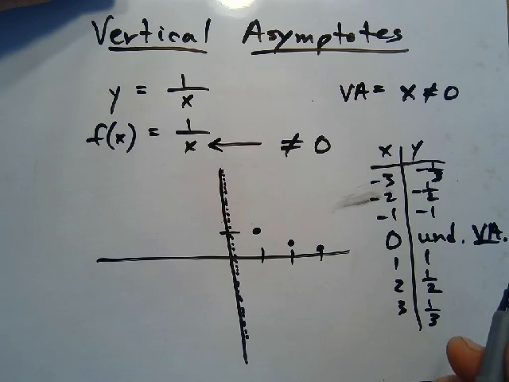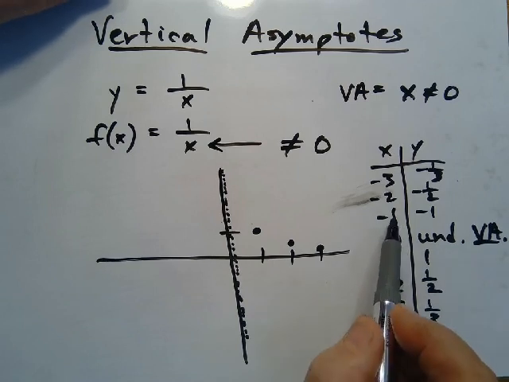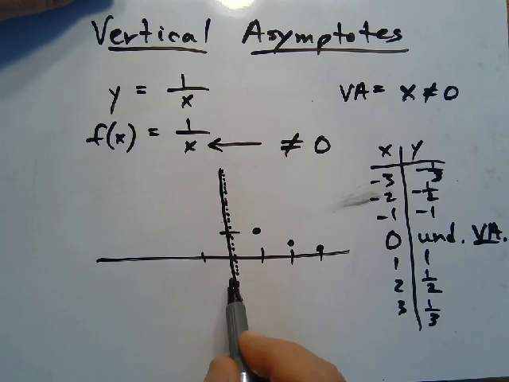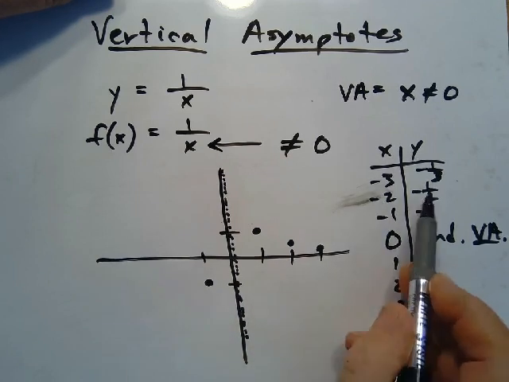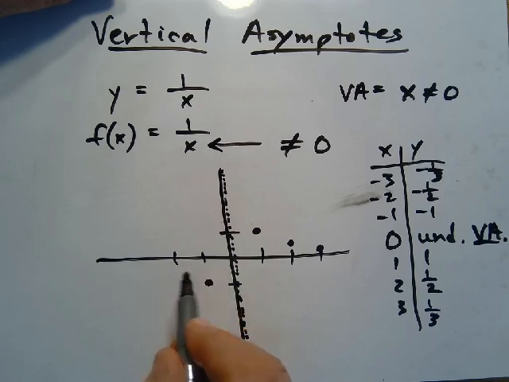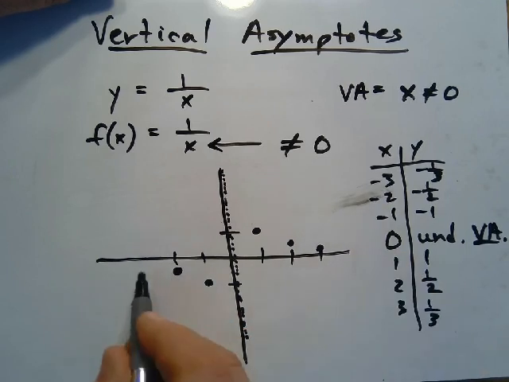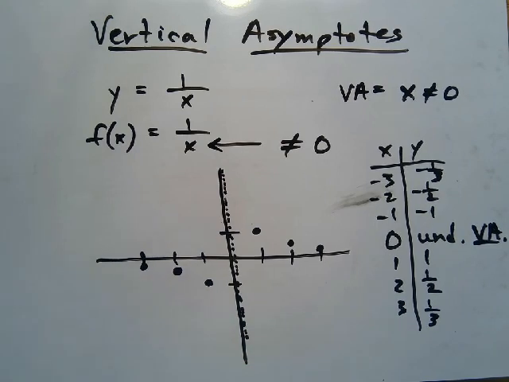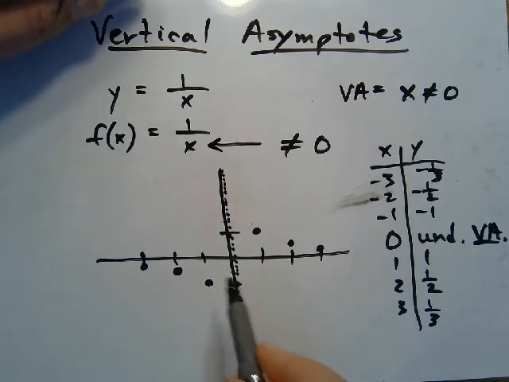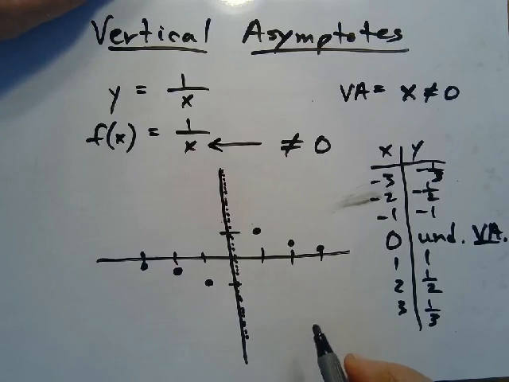Okay? -1 goes to -1 here. -2 goes to -1/2. And -3 goes to -1/3. And again, this branch of the graph is approaching that horizontal asymptote. It appears to be. We'll talk about how to find that horizontal asymptote in a minute.